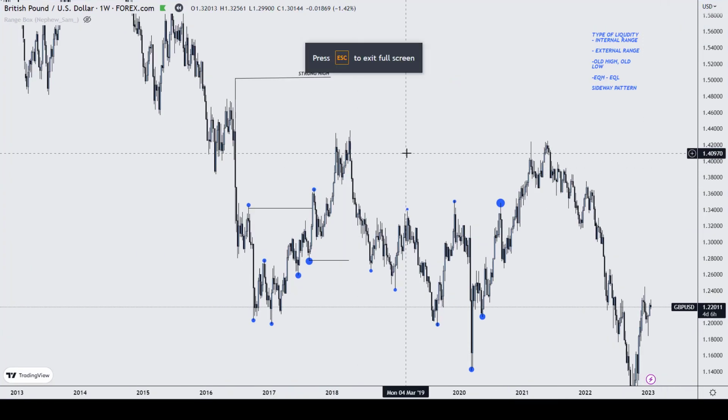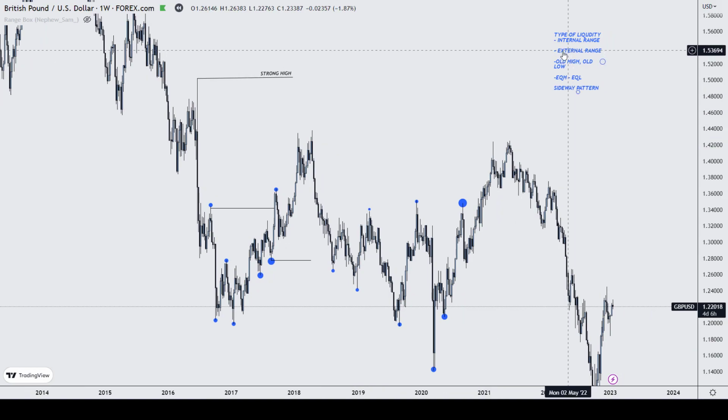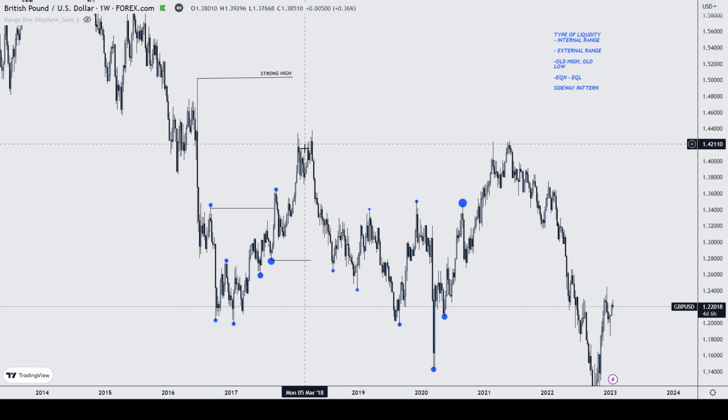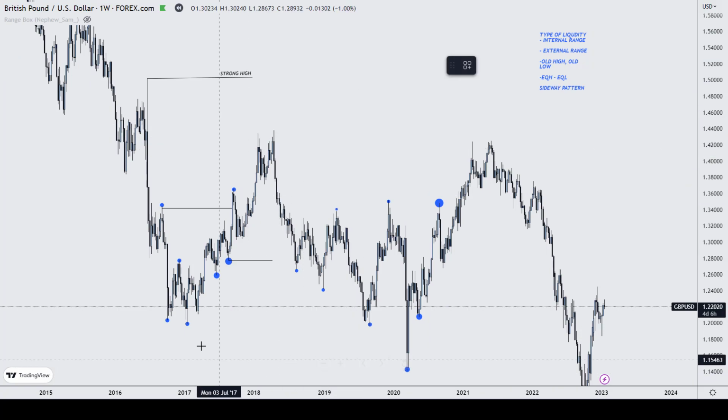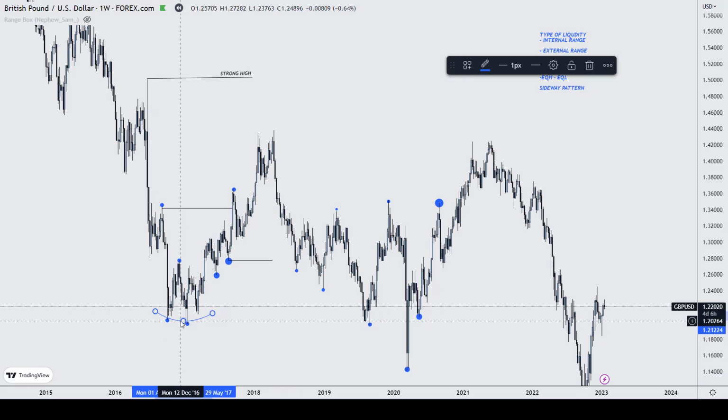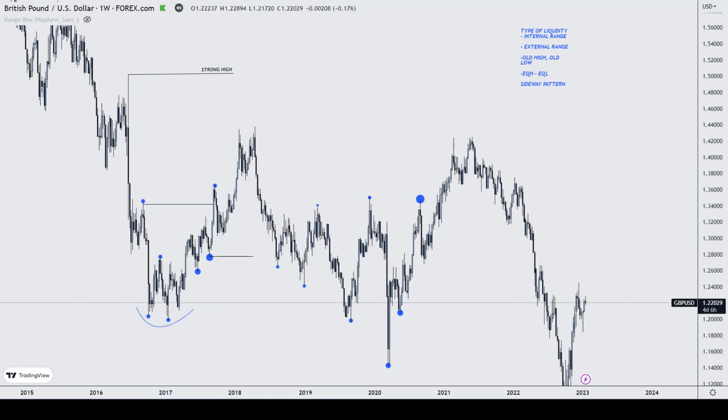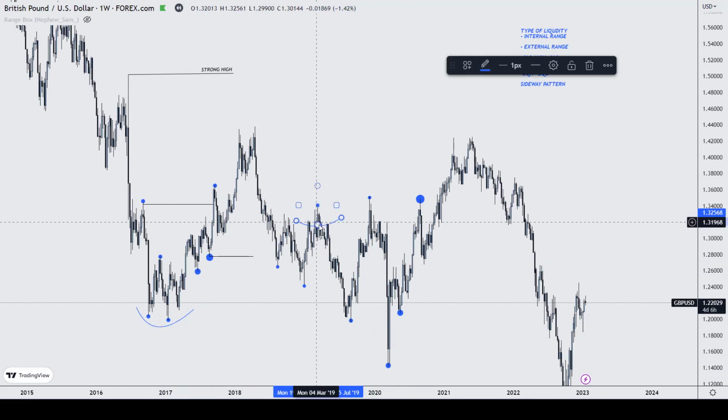For a further recap and to more simply explain internal and external range liquidities: external range liquidities are old highs or old lows, or weak highs and weak lows. Like right here is a weak low, and we can deduce that this is a weak high, right?